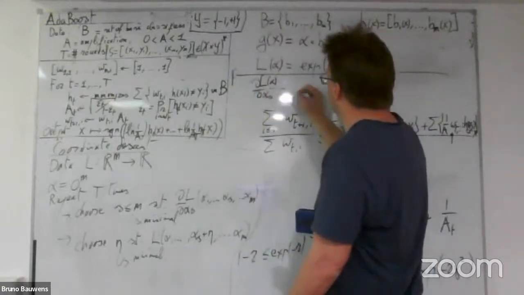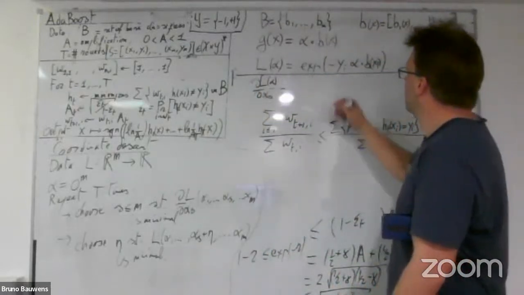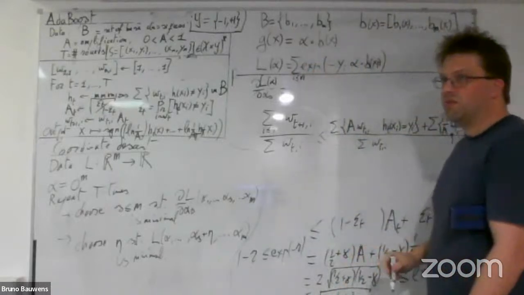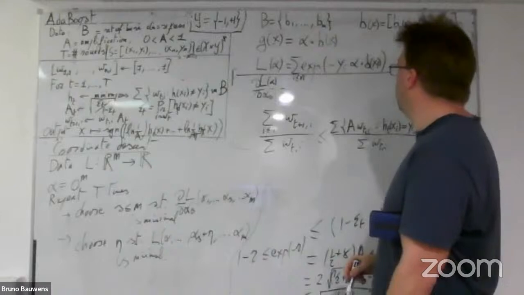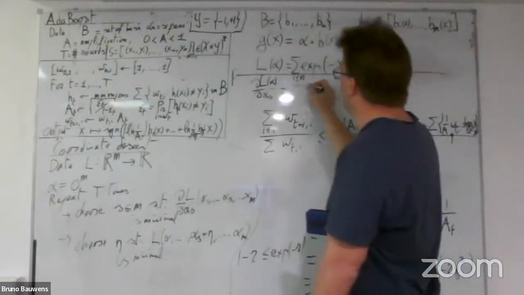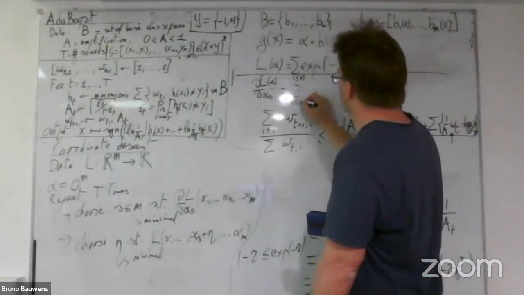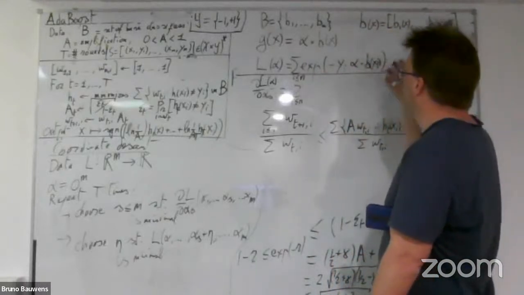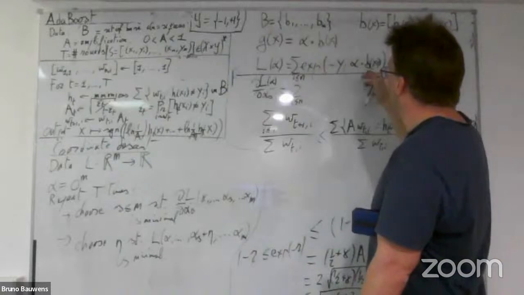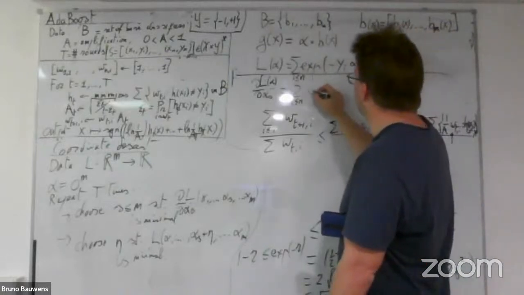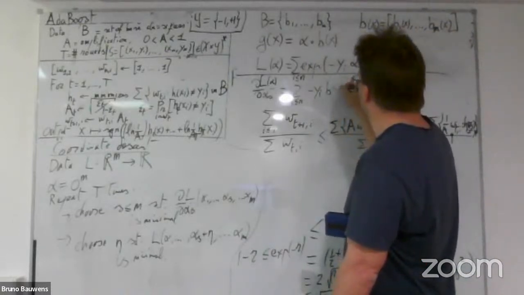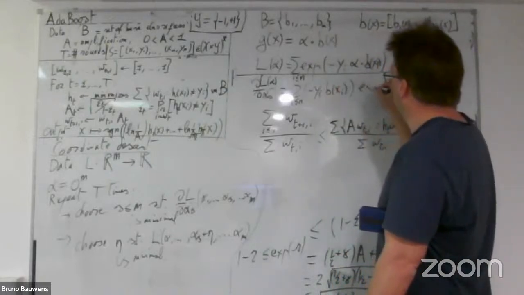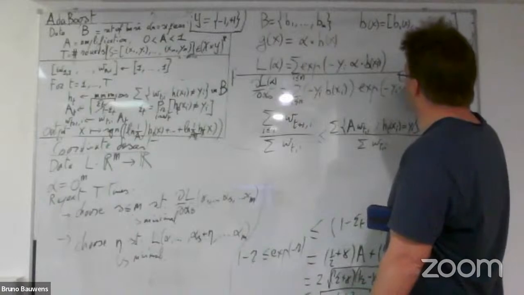And I forgot the sum over i here. So we will again have the sum over i. Then the derivative of the exponent: the exponent stays, but the coefficient goes in front, and we get y_i times x_i.